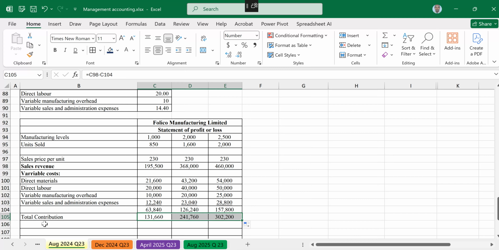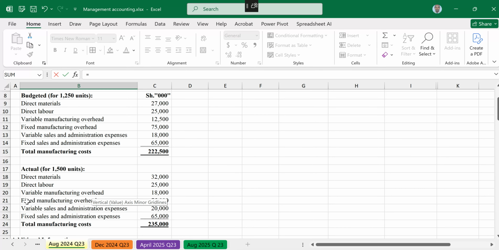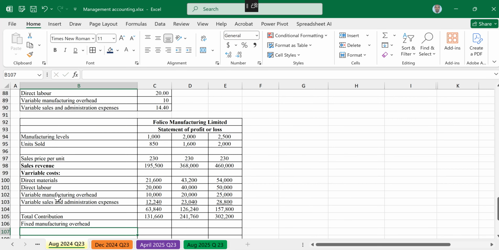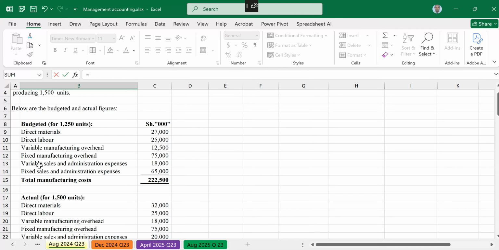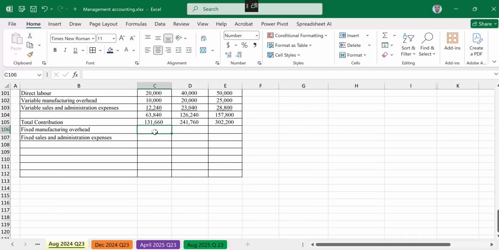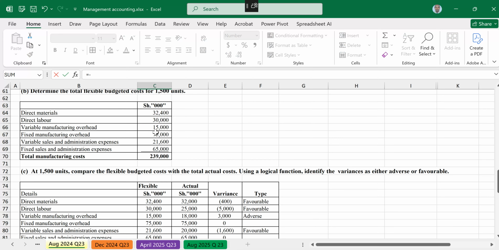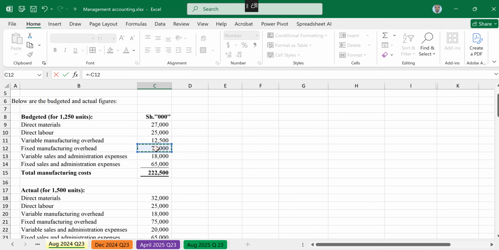Then after that, give us the others that were fixed. Fixed manufacturing and fixed sales and administration. Remember, those are fixed. Equal sign negative. So the first one was fixed at 75. Lock that. Drag across.